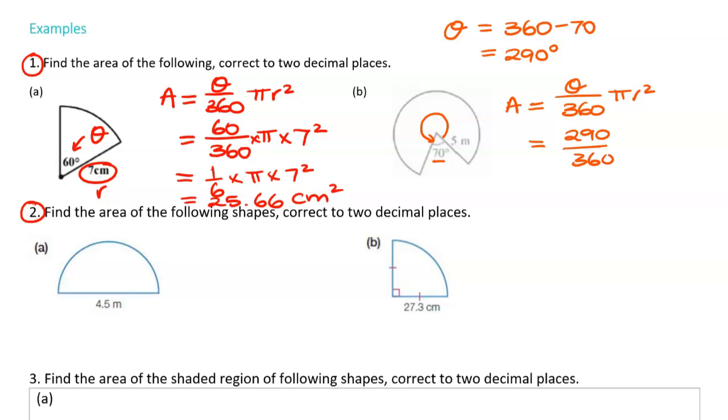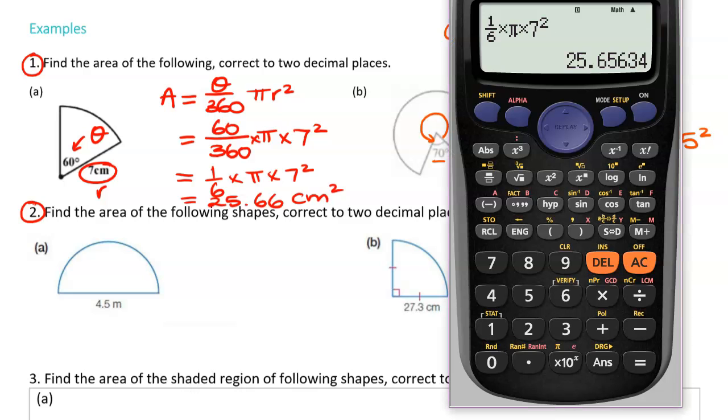So when we do our area of a sector, theta over 360 times pi r squared, theta is 290 over 360. Now we're doing our substitute, so we'll put in our times. Pi times, what was the radius of this circle? It was 5. Just looking at this fraction, we could cancel that down to 29 over 36, but 29 I think is a prime number, so we can't really cancel it down anymore, which is a little bit yucky, but that's okay.